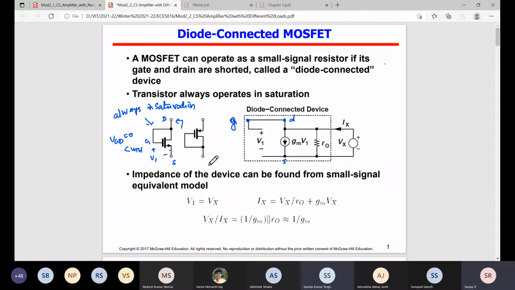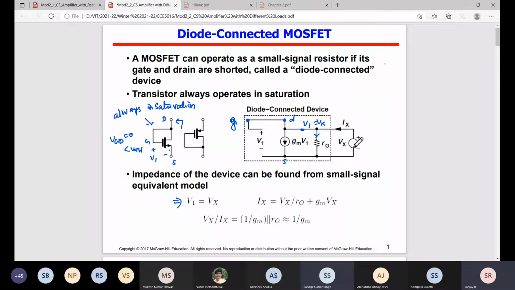Now you can see this voltage is V1. Vx we are applying, so from this you can write V1 equal to Vx. Now we apply nodal analysis. What is Ix? Ix equals Vx divided by R0 plus gm V1, and V1 equals Vx, so Ix equals Vx divided by R0 plus gm Vx.